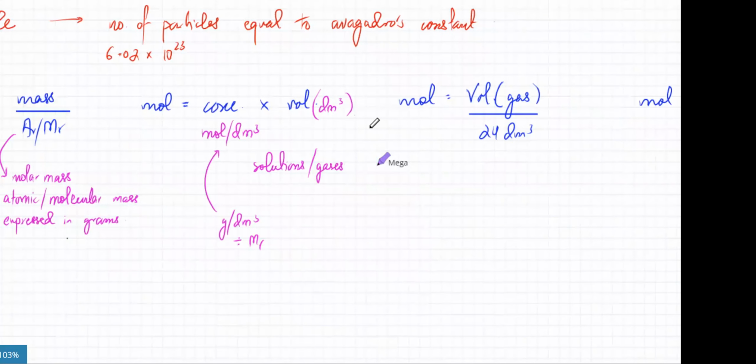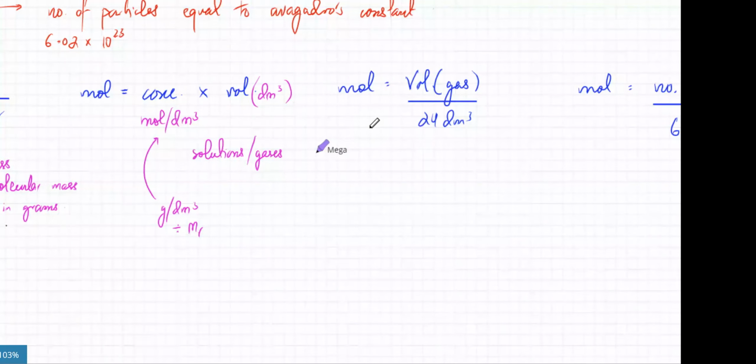This one, volume of gas divided by 24 dm cube, is only true at RTP. So it's only for RTP.